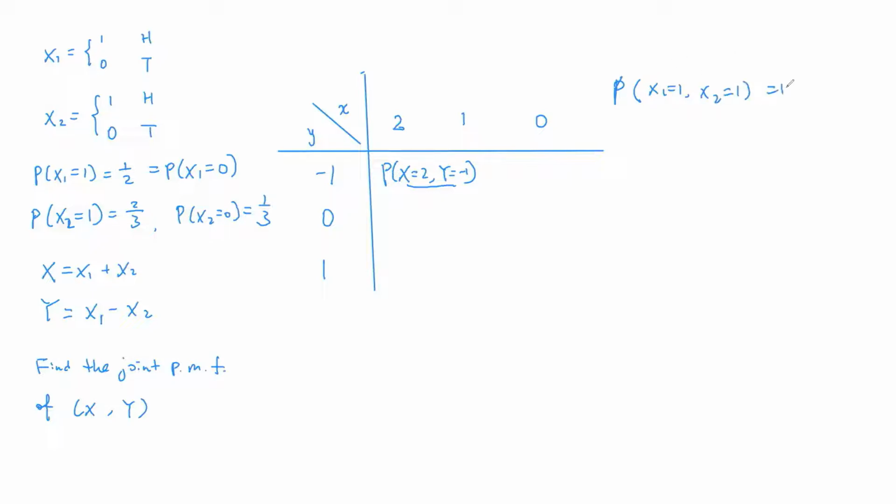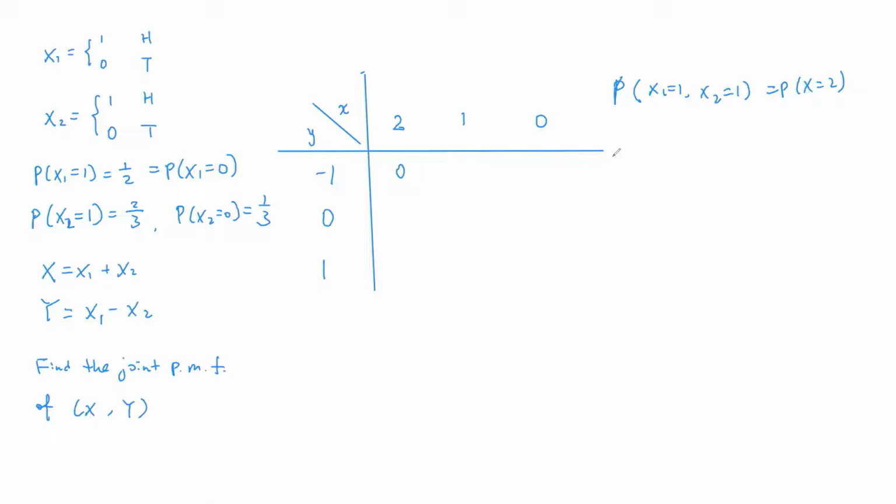Then the difference cannot be negative 1, so Y cannot be negative 1. It cannot happen. The probability would be 0, so we put 0 here.